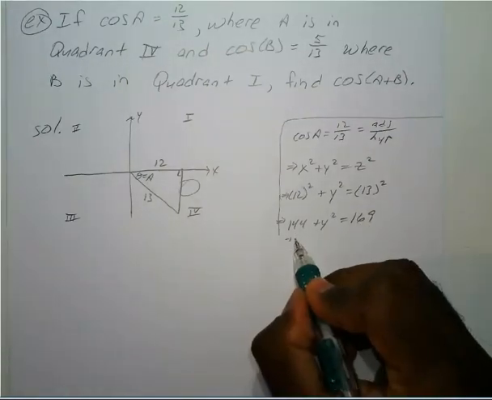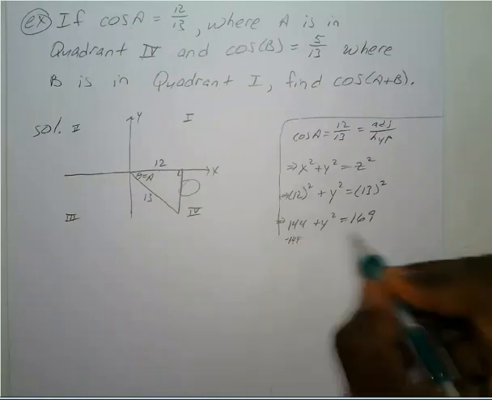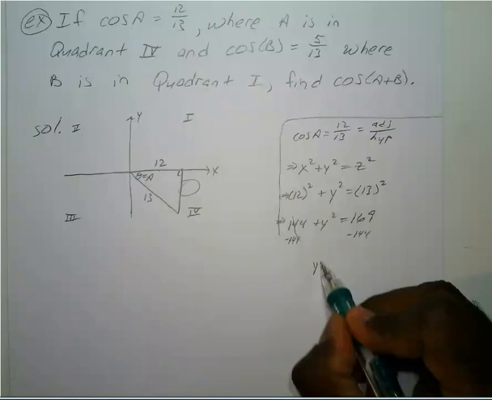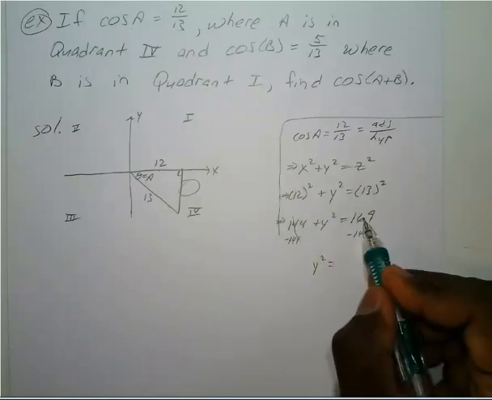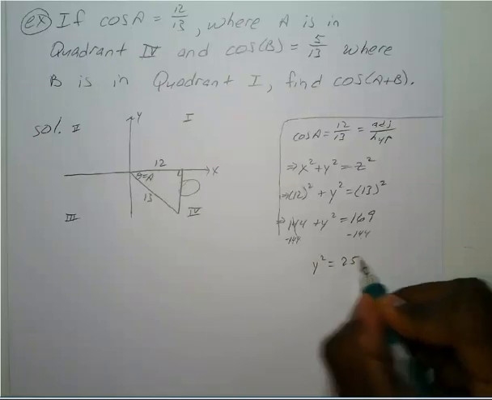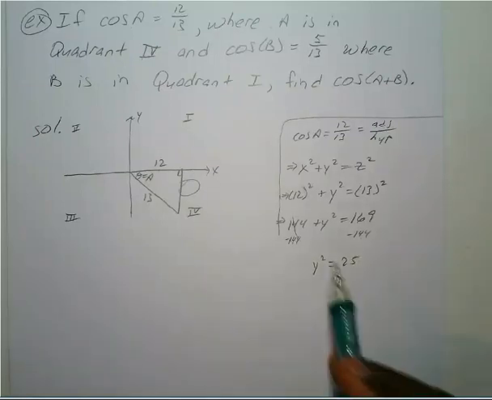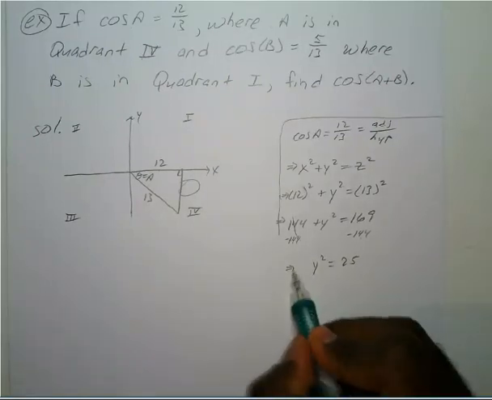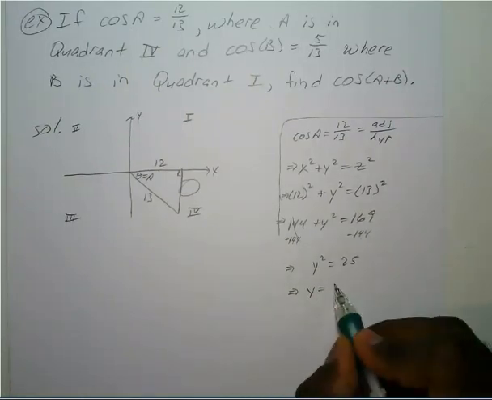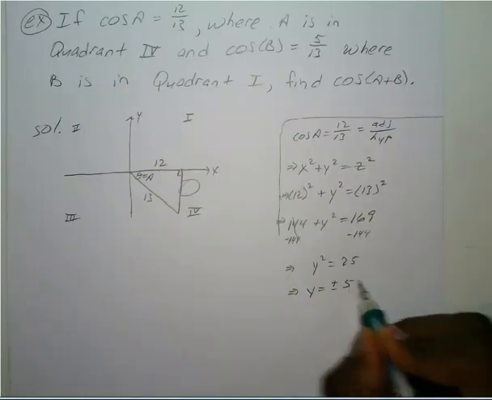If we subtract 144 from both sides, we see that y squared is equal to 169 minus 144, which is 25. If we square root both sides, y is equal to either positive or negative 5.